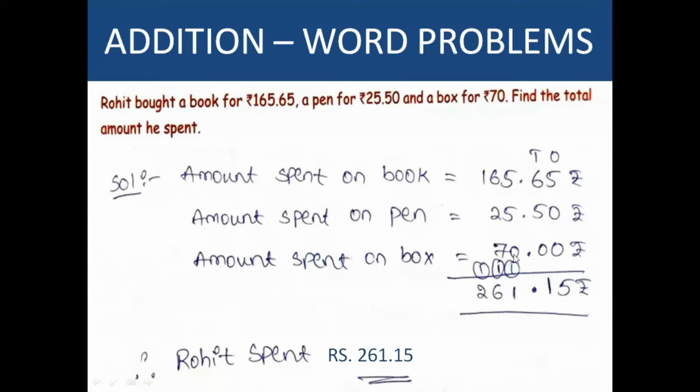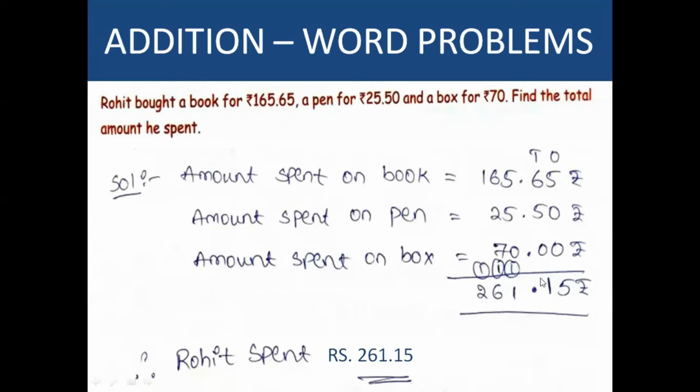Amount spent on box. Only we are having the whole part, that is 70. We have to change into decimal form, that is 70.00. Now see, 5 plus 0 plus 0, 5. 6 plus 5 plus 0, 11. 1 carry over, 1 write down.